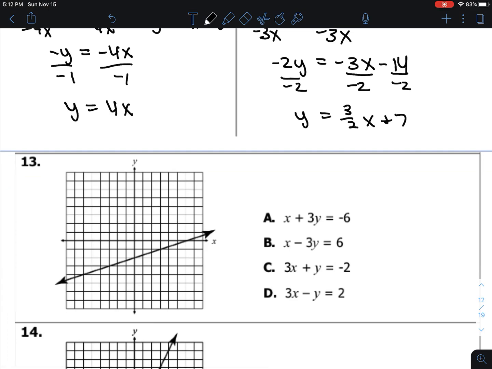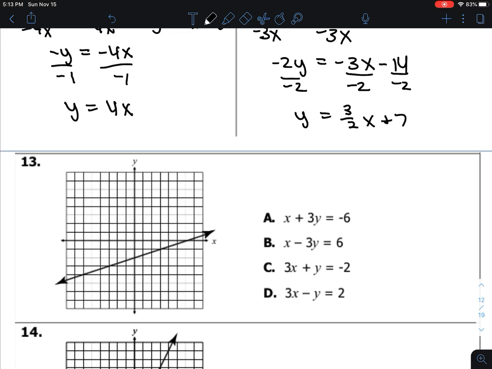Okay? And now we can also do the same thing from a graph. So I have this graph and we want to find the slope-intercept form. So the way you're going to do this is find the slope and the y-intercept of your graph, and then you're going to find out which equation in standard form represents the line in slope-intercept form.